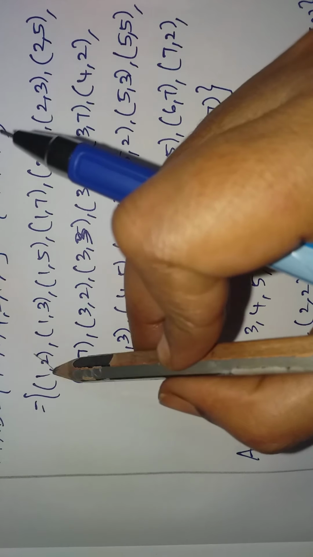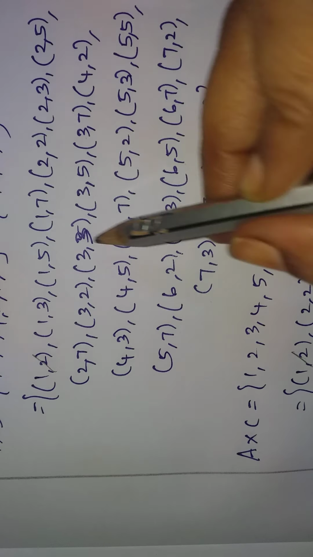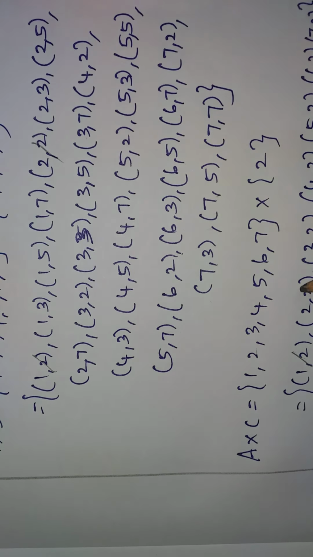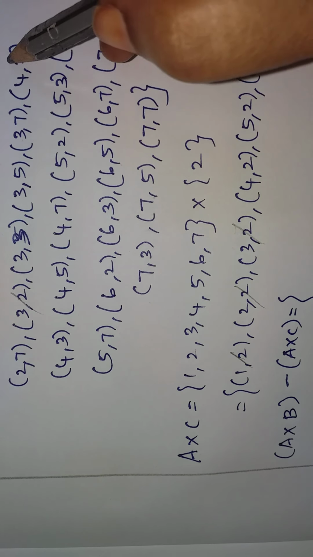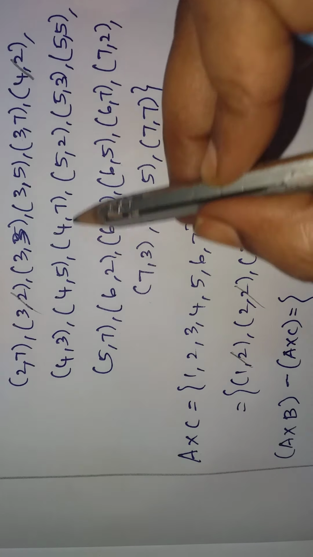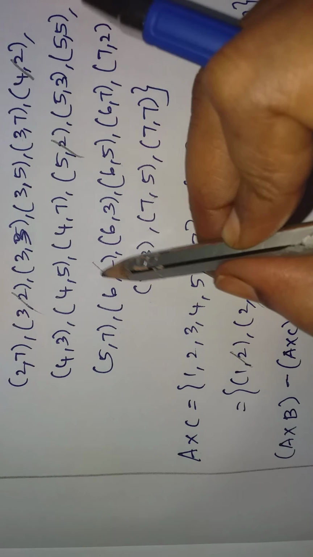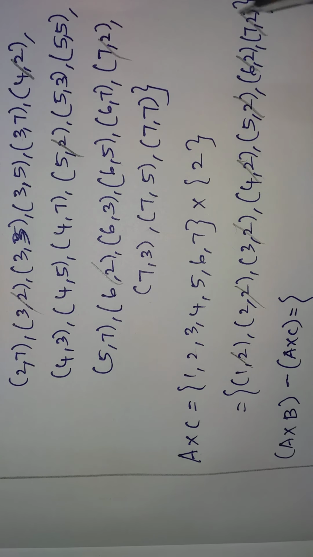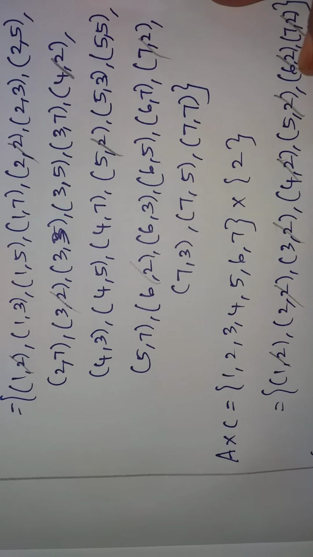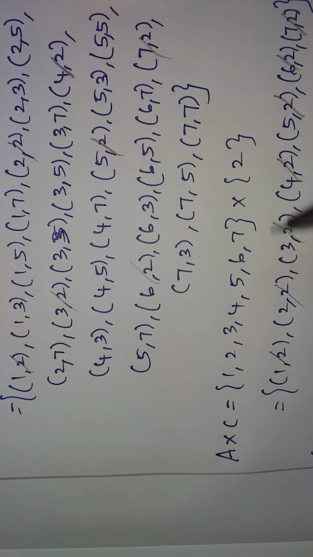Here (1,2) and (1,2), next (2,2), next (3,2), next (4,2), (5,2), (6,2), (7,2). If you cancel down the common ordered pairs, then you can write the remaining ordered pairs easily.